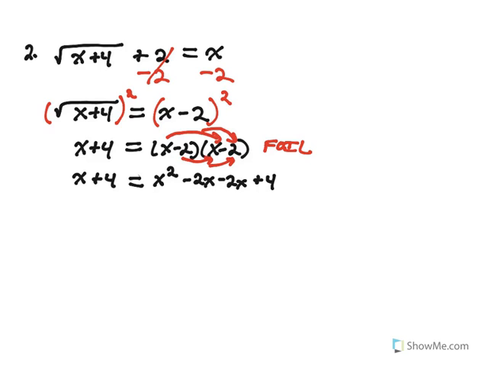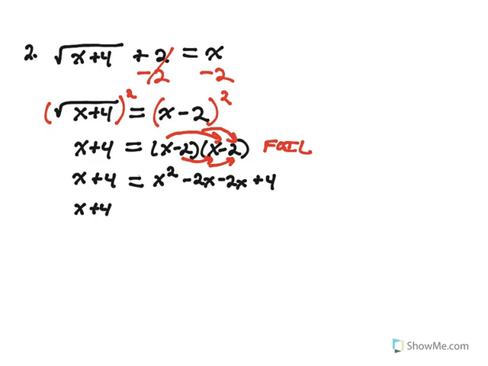So now you notice that we have a squared term and an x term, so we're going to get a trinomial. So we're not going to be able to isolate any x term here. When we have this situation, we're going to get all the terms on one side, and the other side is going to be a 0. So here's what I'm going to do.